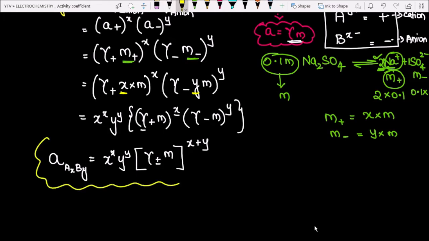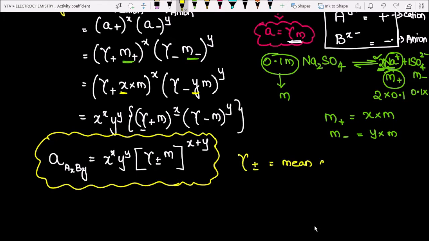We have derived the activity in terms of activity coefficient and molality. Now it's very important to understand the terms. This gamma plus minus we call the mean activity coefficient. What is that mean activity coefficient? Gamma plus is the activity coefficient of the cation, gamma minus is the activity coefficient of the anion, so gamma plus minus is the mean value.